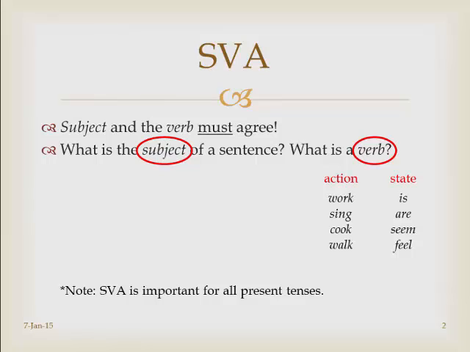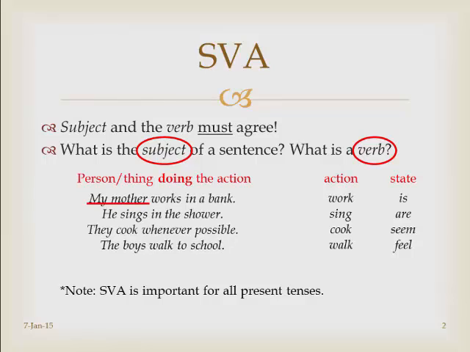What then is the subject of a sentence? Well, the subject of a sentence is basically the person or the thing doing the action or relating to the action. So a person or a thing, basically or typically, the subject of a sentence are nouns or is a noun.